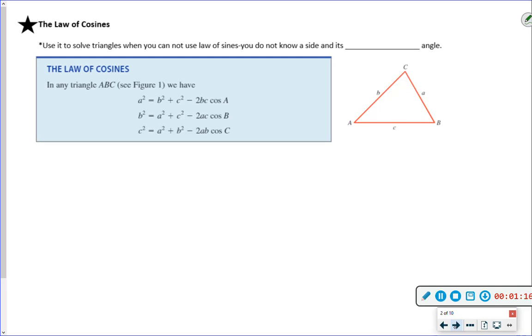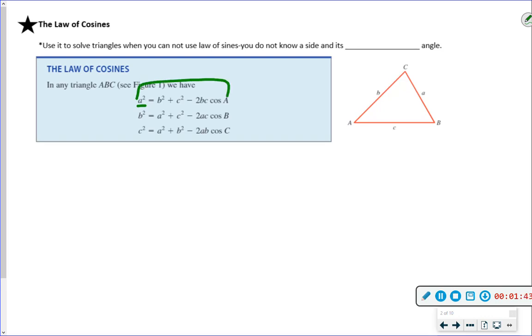Now, like I said, you will not have to have Law of Cosines memorized. You will be provided the formulas. You just have to know how to use them. But I don't really think they're that hard to memorize because, of course, math's all about patterns. So notice, whatever side you start with, like here you're starting with a, I just said, okay, I square the other sides and add them, minus 2 times the product of those sides, and then the cosine of the angle across from the side you started with.